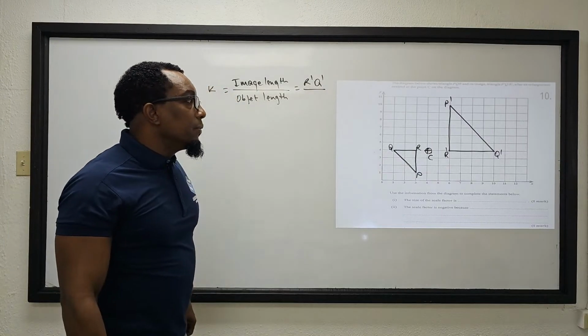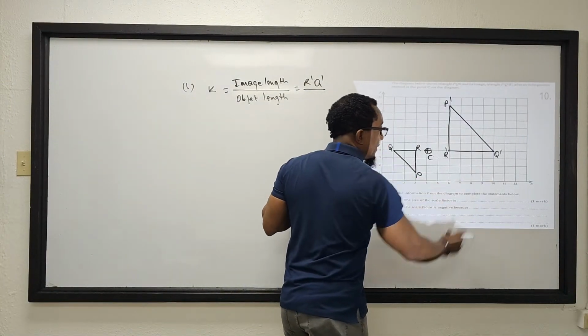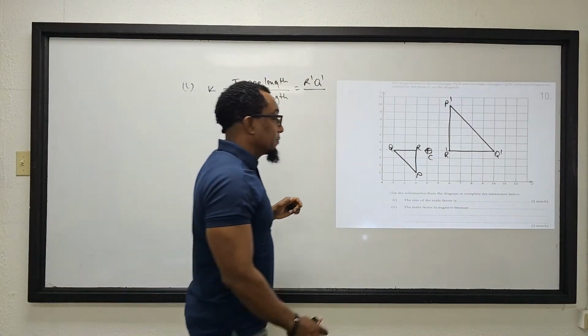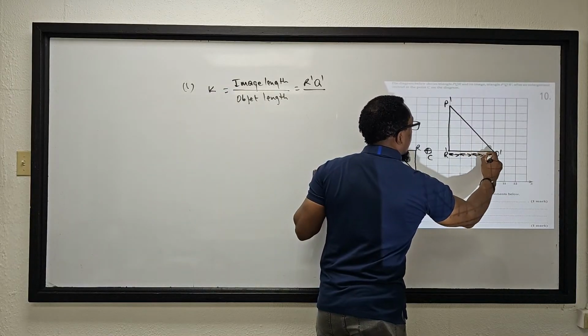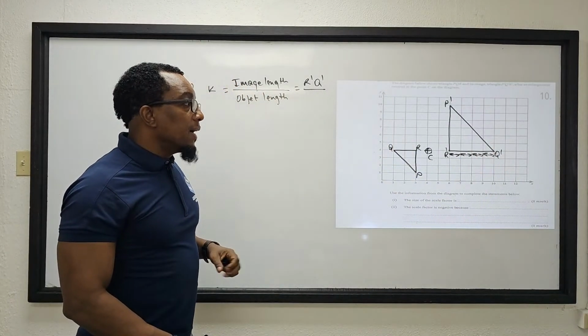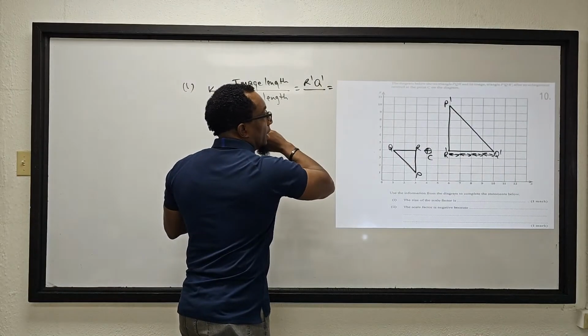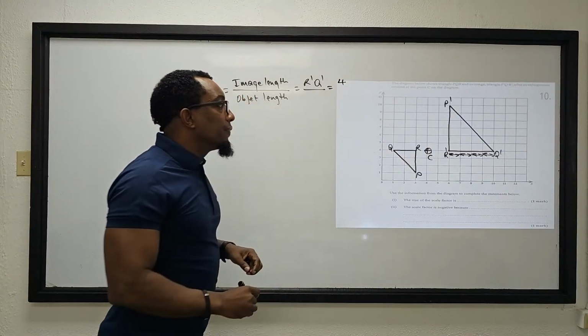R prime Q prime will be just simply subtracting, 10 subtract 6, which of course will be 4 units. If we count, that's 4 units from R prime to Q prime. So this will give us 4 units all over RQ.